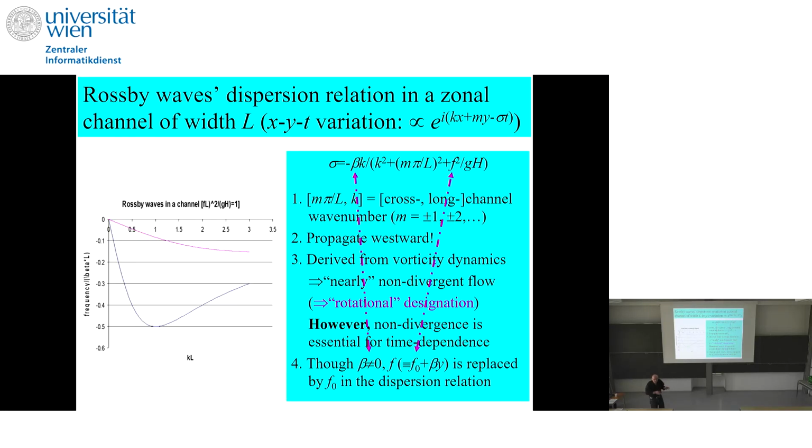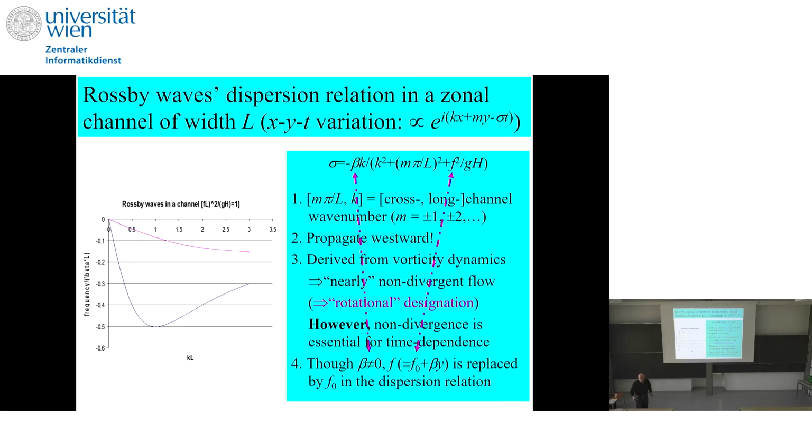Again, it's another example of where the term is misleading in some sense. But here, all I meant to say is that if you look at the equations in which divergence is zero, you will get the Rossby waves, a subclass of Rossby waves, but you will get them. Okay, that's what I meant. And that's why they are called rotational. They have to do with vorticity, not with what you would call rotational, okay?